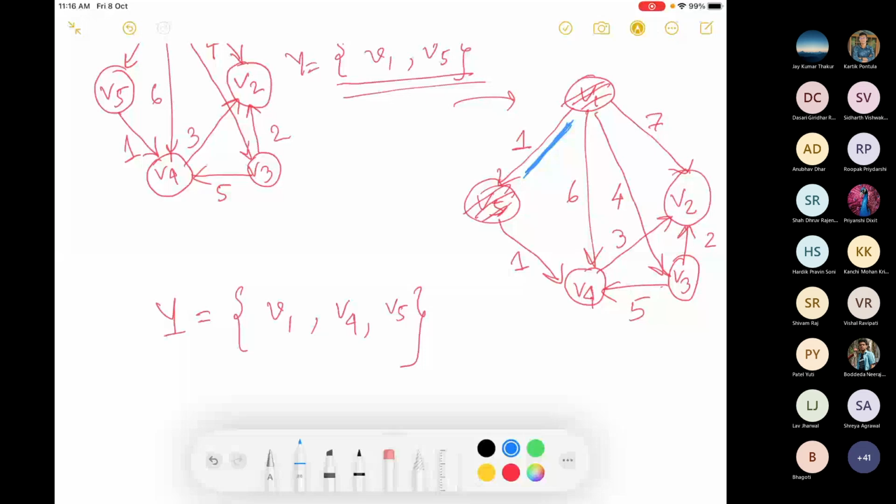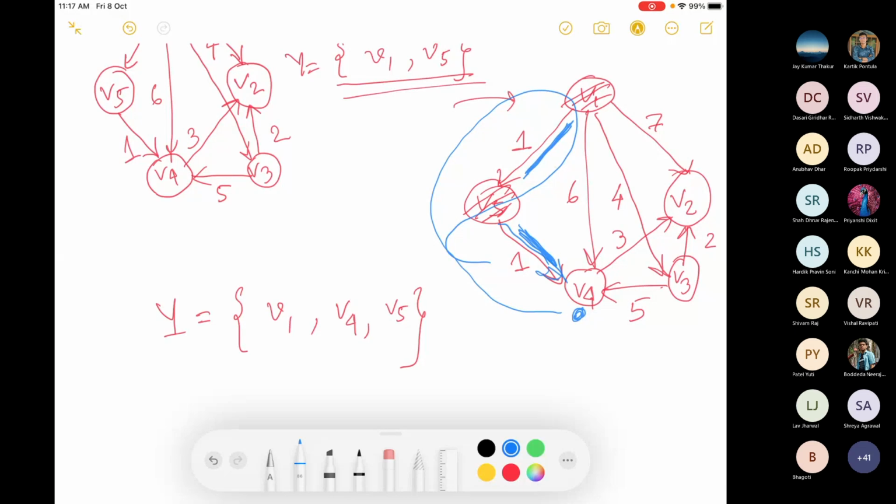Okay. And do you see what is the meaning of touching now? This vertex touches F using this particular edge, right? So that's why this edge is added. This is the meaning of touching. Is that clear to you?